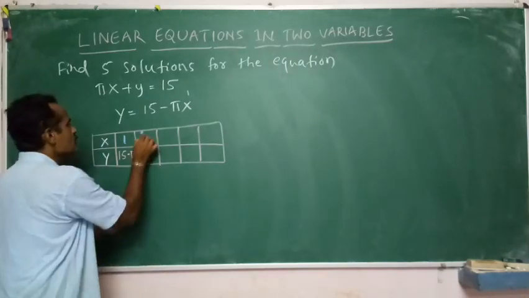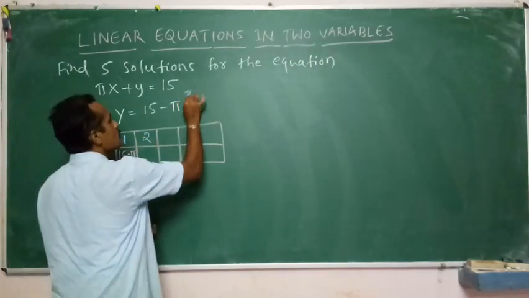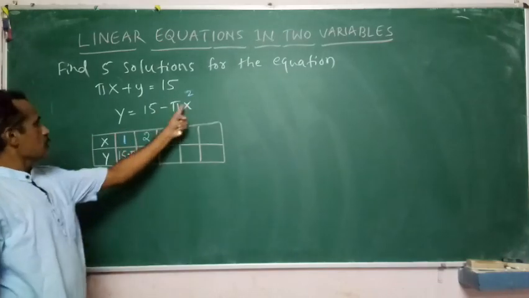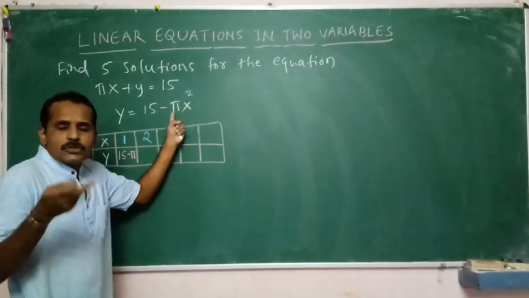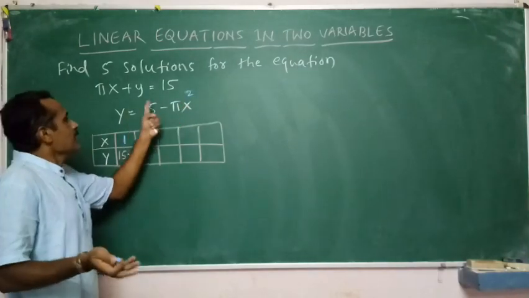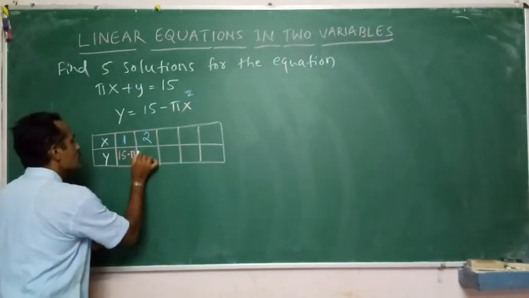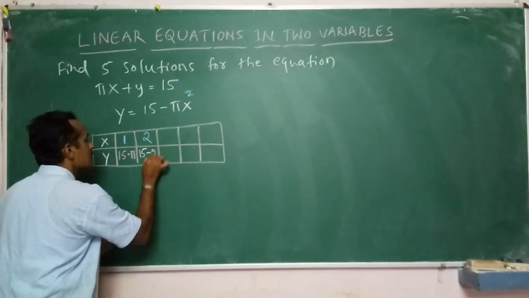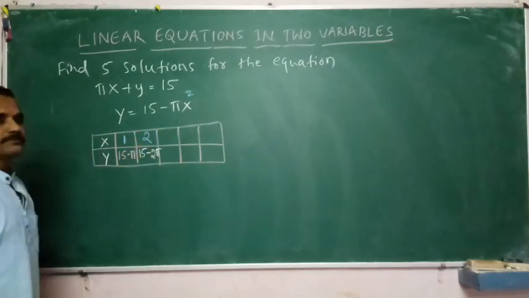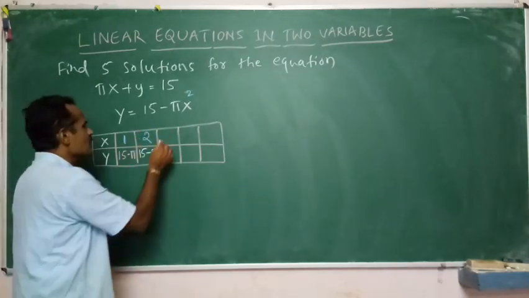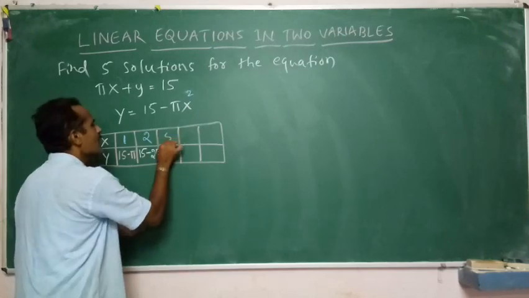I will substitute x is equal to 2. 2 into pi is 2 pi, so 15 minus 2 pi is the value of y. Y is equal to 15 minus 2 pi. Let me substitute x is equal to 5.